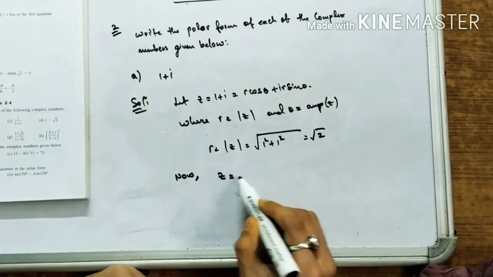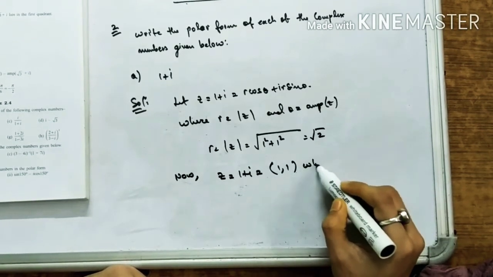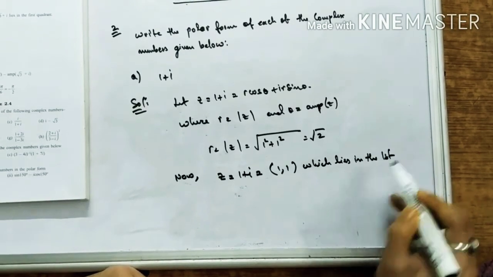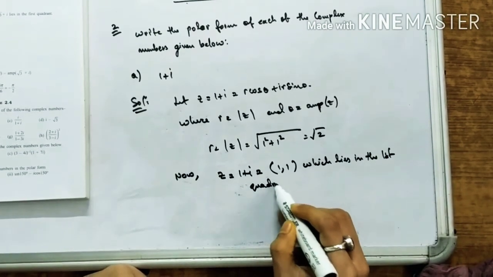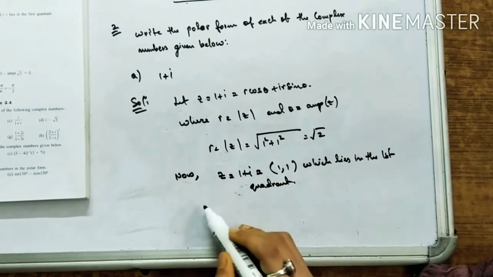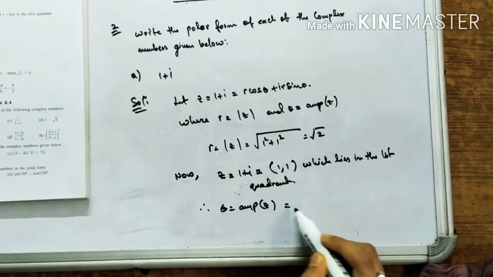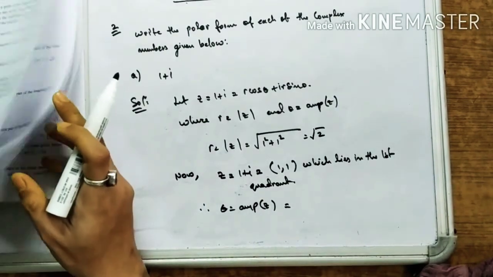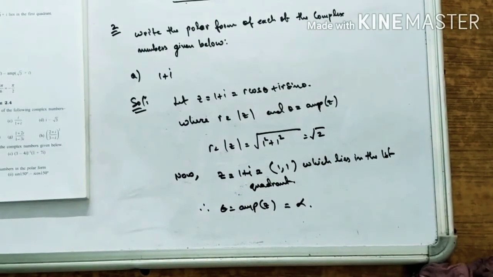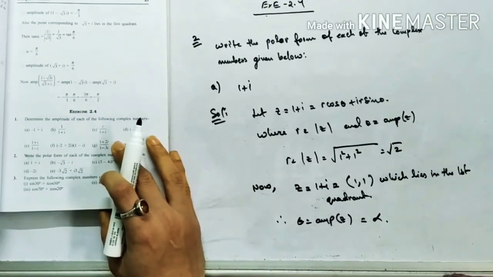Now z is equal to 1 plus i, which I can write as (1, 1), which lies in the first quadrant. Therefore theta is equal to the amplitude of z, which in the first quadrant is alpha.